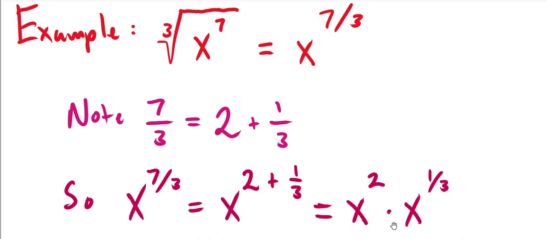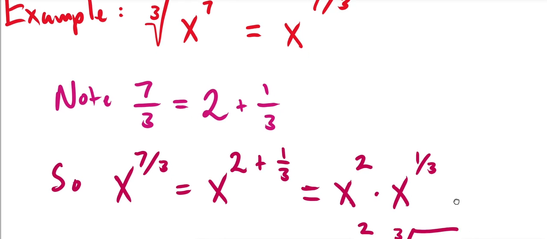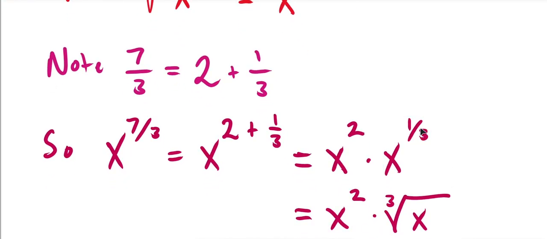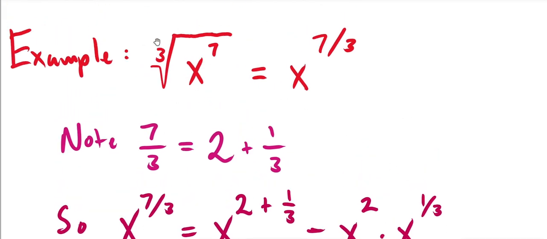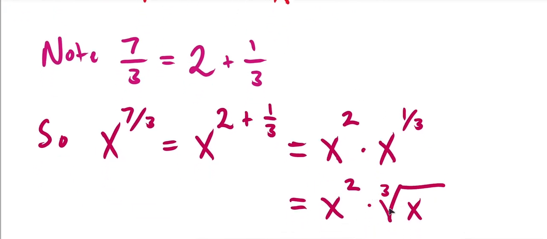Plus, in the exponents, is timesing between the bases. And now look, we have a proper fraction, lower numerator than denominator, over here now. So let's rewrite this back in radical notation, and this just says x squared times the cube root of x. And this is, maybe not simpler in terms of the economy of symbols, but this is simpler in terms of lower numbers, smaller quantities, way to write this radical expression.